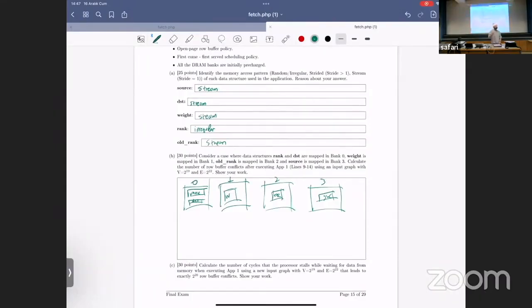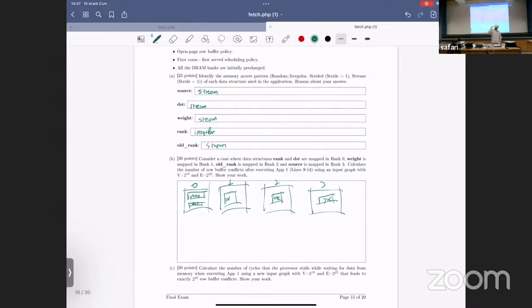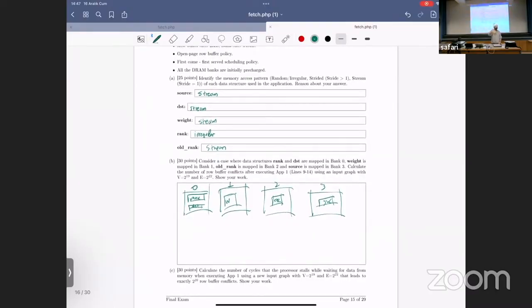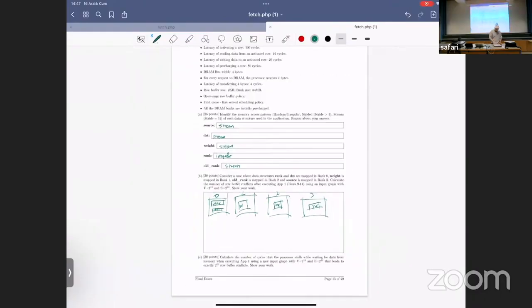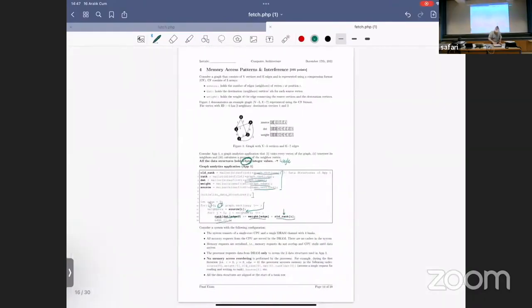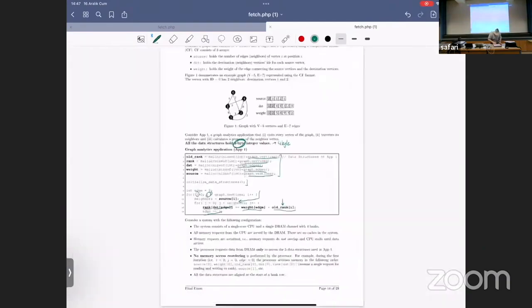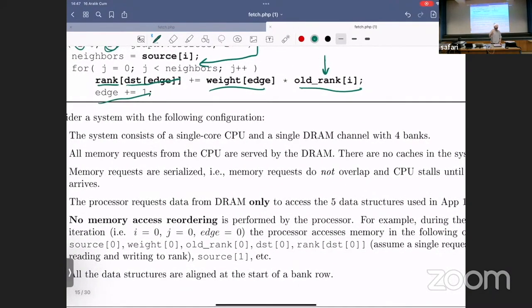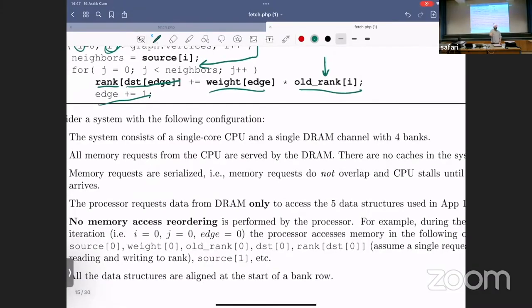And we know that they're in the same bank. So we activate one row for one, and then we need to close it and access the other data structure. This happens interchangeably. As we showed before, we first access DST0 and then the rank of DST0. So in the next iteration, what do we need to access?